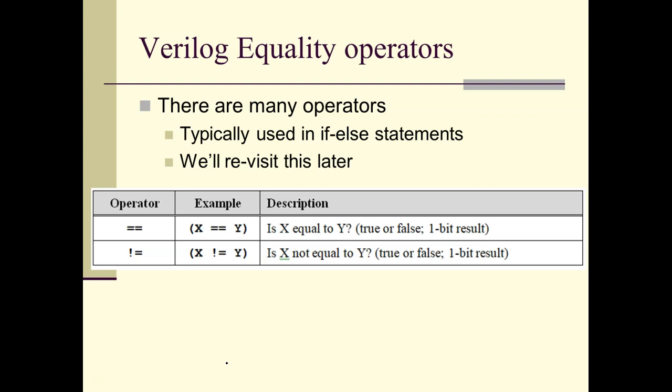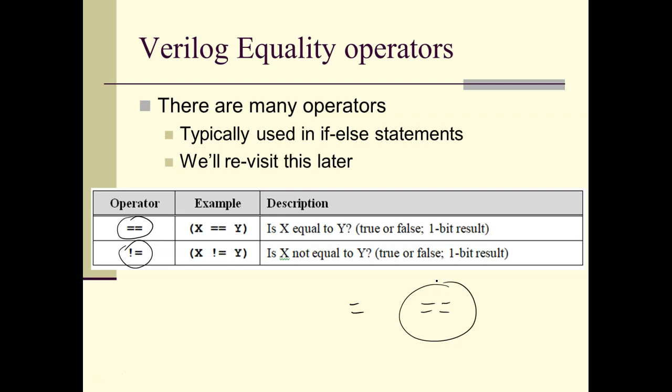Okay, since we're going to use if statements in here, we need some equality operators. Verilog has a big list of equality operators. We're only going to use two in this chapter, which are the equivalency and the not equivalency operators. The assignment operator is one equal sign, but the equivalency operator is two equals. This is a super common mistake.